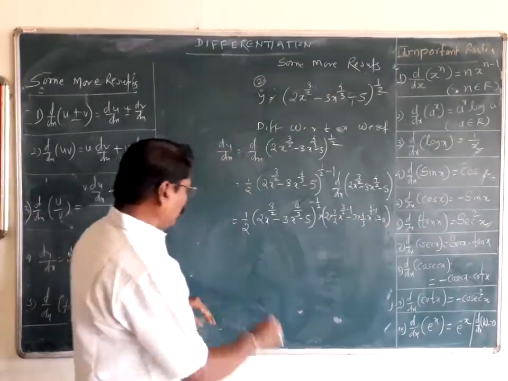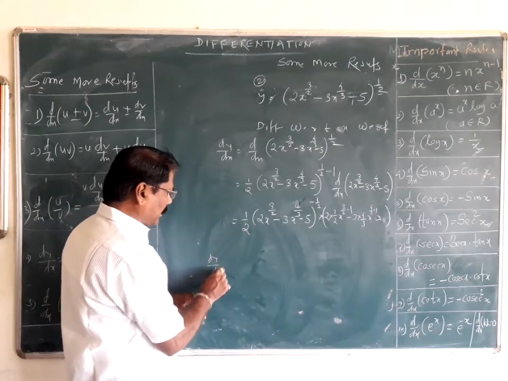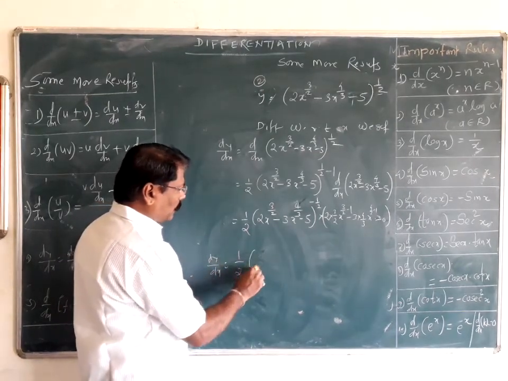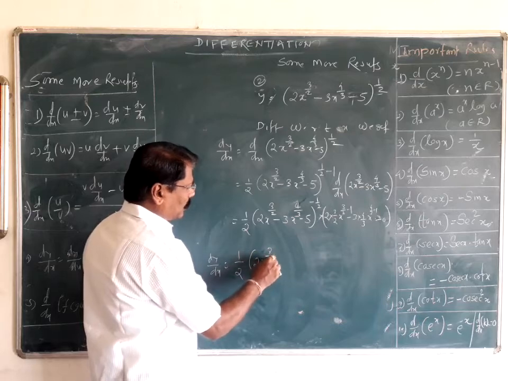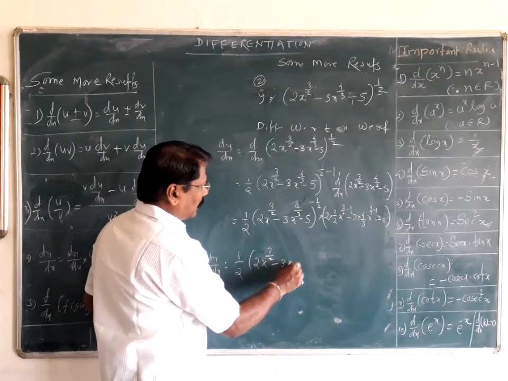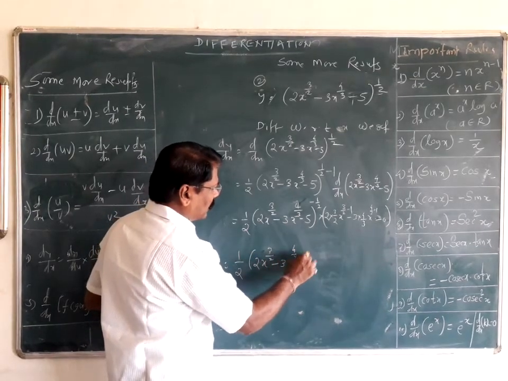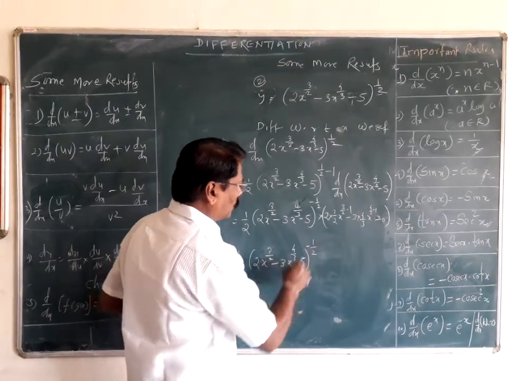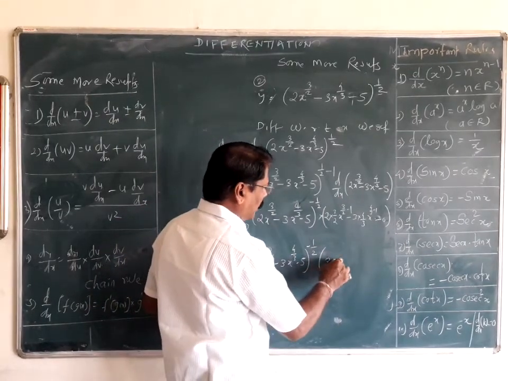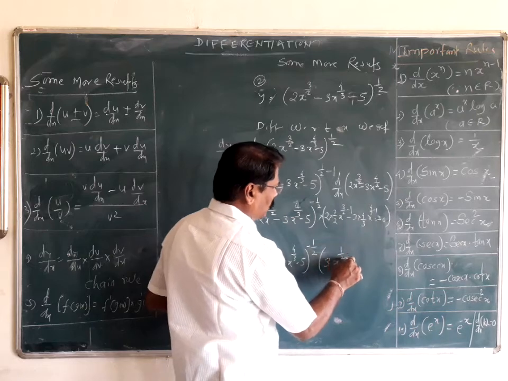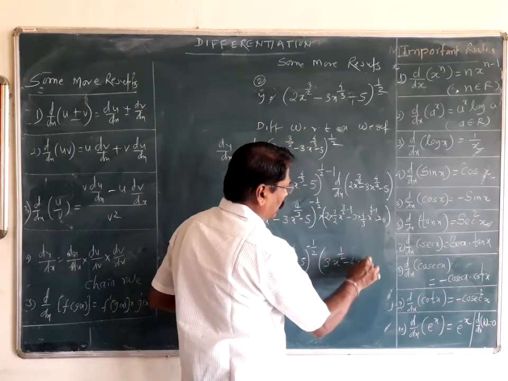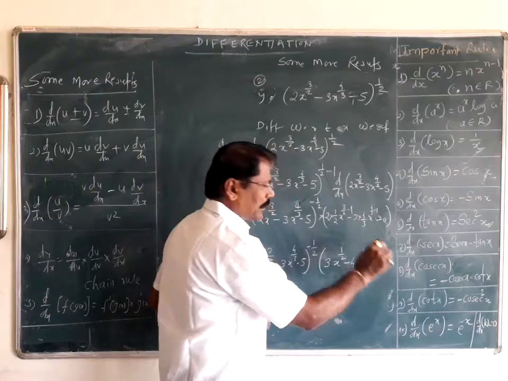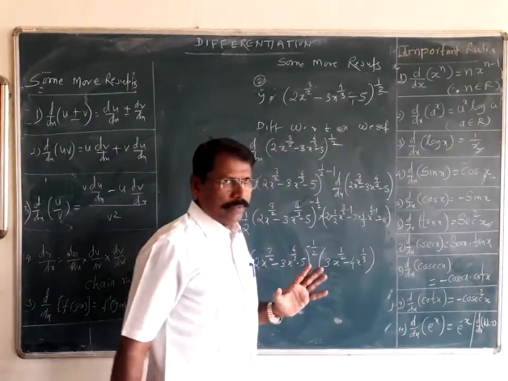Now simplify. So finally dy by dx is 1 upon 2 (2x raised to 3 by 2 minus 3x raised to 4 by 3 minus 5) raised to minus 1 upon 2 into (3x raised to 1 upon 2 minus 4x raised to 1 upon 3), and this completes the example.